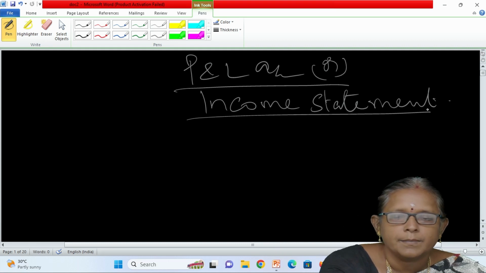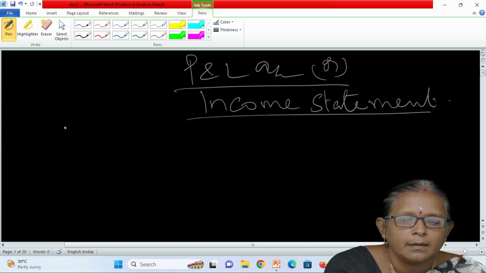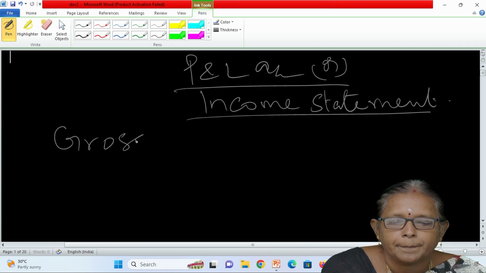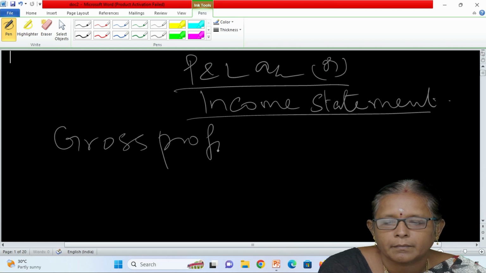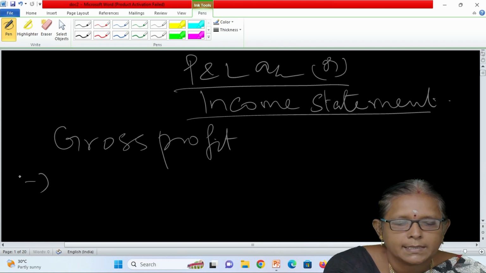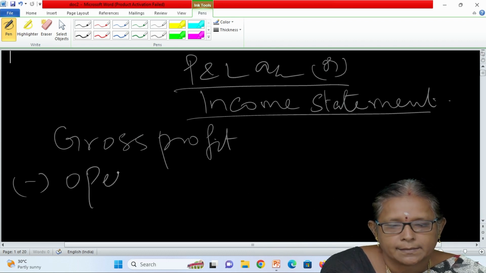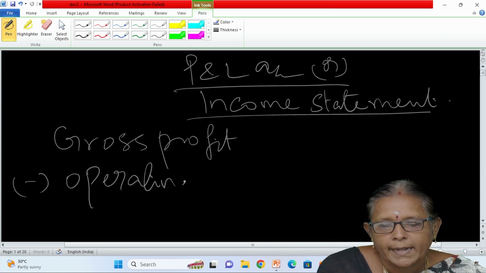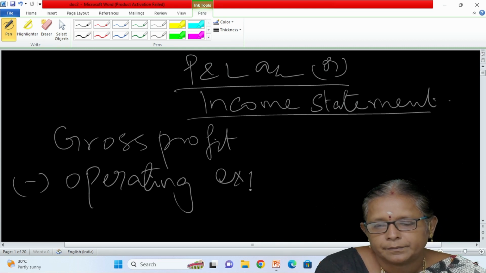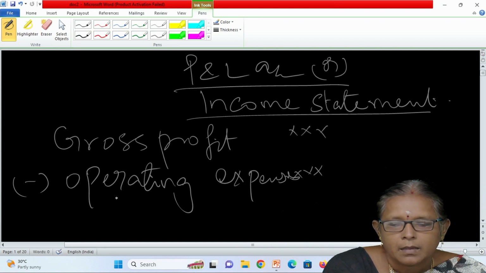See the income statement. First one is gross profit, less operating expenses. So you will get operating profit.